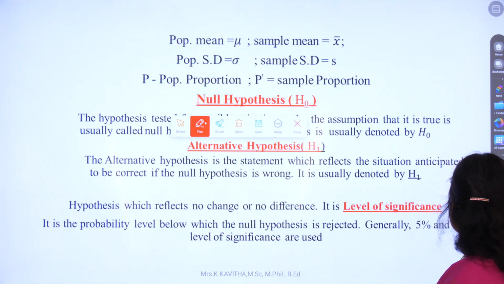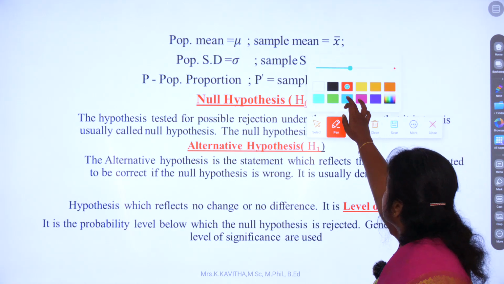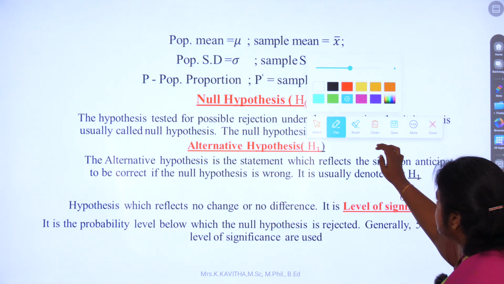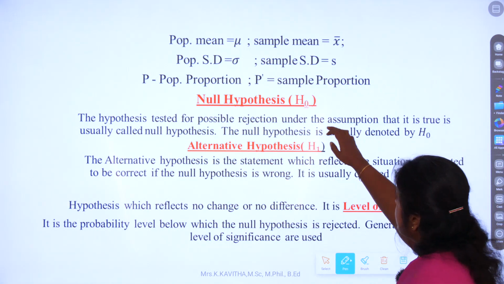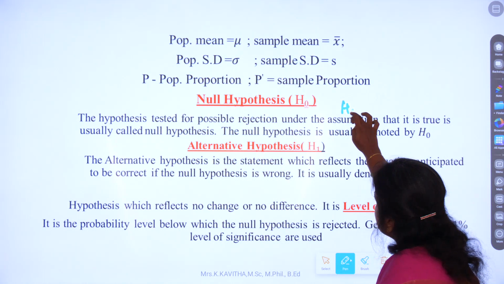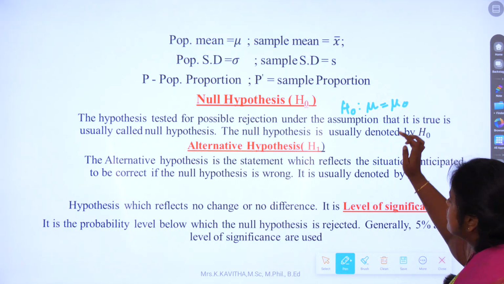Mathematically, the null hypothesis is denoted by H0: mu equal to mu naught.